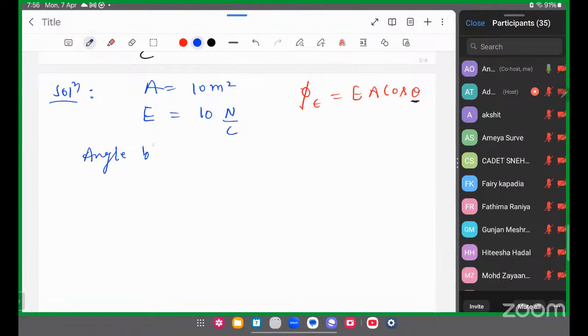the angle between surface and electric field is given to us, that is 30 degree. But we are not interested in the angle between surface and electric field. We are interested in the angle between area vector and electric field.